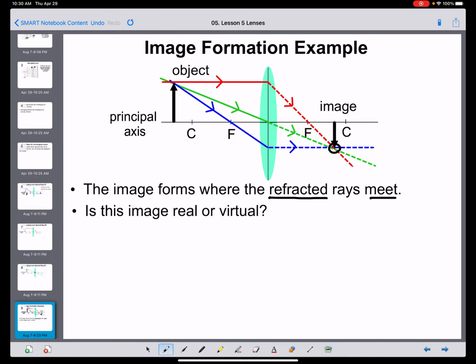I want you to think for a second, is this image real or virtual? Well, there's an easy way to tell. We learned when we were studying mirrors that real images are always inverted and virtual images are always upright. So when we look at the arrow here for the image, that arrow is upside down. So this has to be a real image.